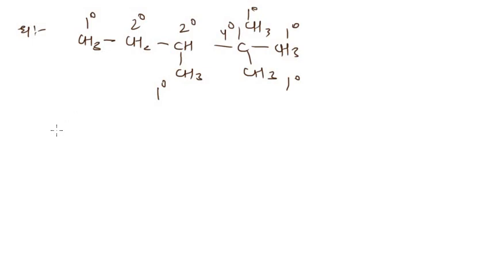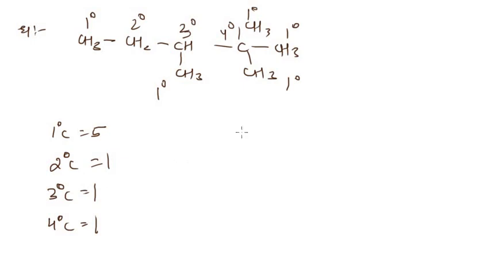Now if we look at carbon, there are 5 1 degree carbon: 1, 2, 3, 4, 5. 2 degree carbon is 1. 3 degree carbon is 1. No, there is no 3. Let's see. Do we have? Yeah, this is 3 degree carbon. Yes, this is not 2 degree carbon. This is 3 degree carbon. Now we have 4 degree carbon.